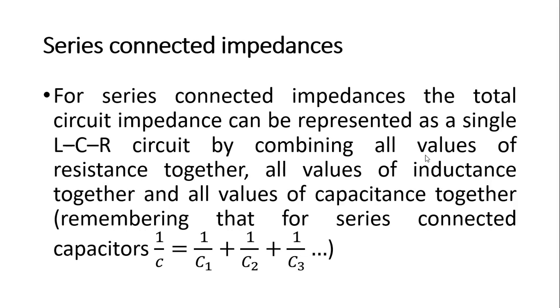By combining all the values of the resistance together, the capacitance together, and the inductance together. But you must remember that when you are finding the equivalent capacitance connected in series, 1 over C is equal to 1 over C1 plus 1 over C2 plus 1 over C3 up to 1 over CT. So please remember that from basic physics.